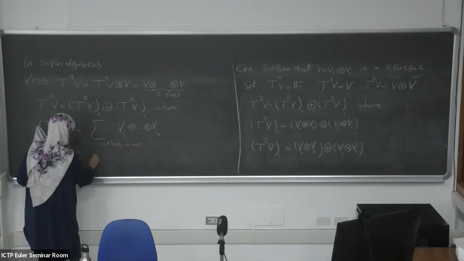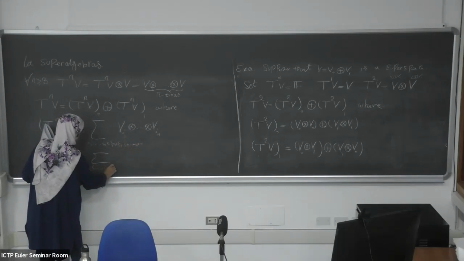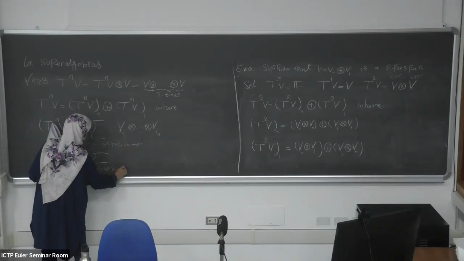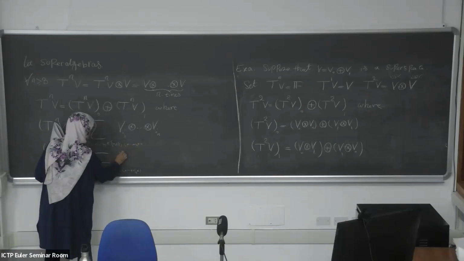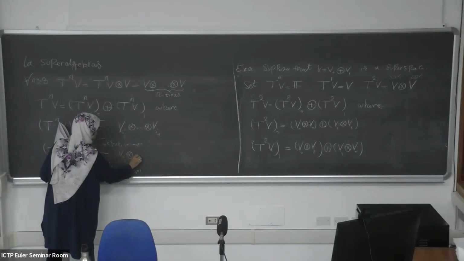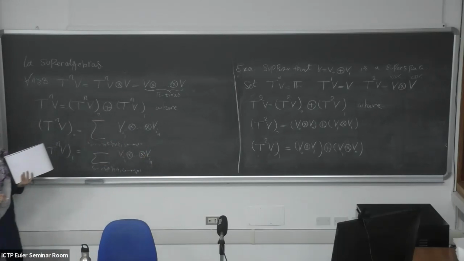And T^n V_1 is the summation over i1, ..., in in {0, 1} whose sum is 1, of V_{i1} tensor ... tensor V_{in}, right?